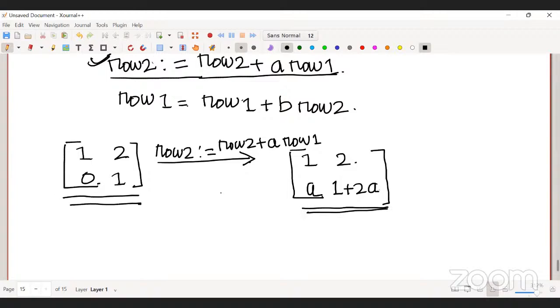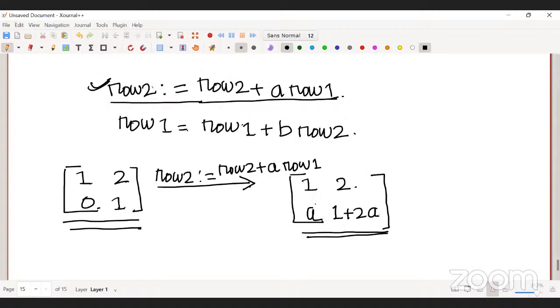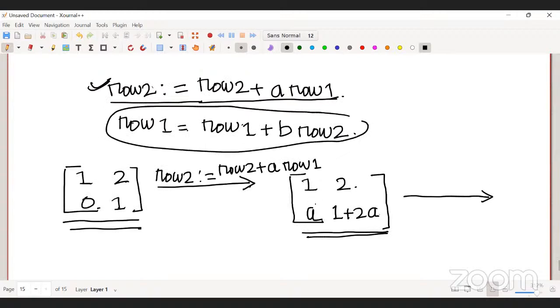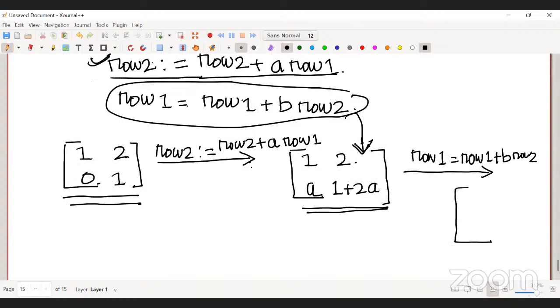Next, what do I have to do? Next, I will apply the other operation on this matrix, with b times row 2. So if I do that, I will get 1 plus ab and 2 plus b plus 2ab, right?